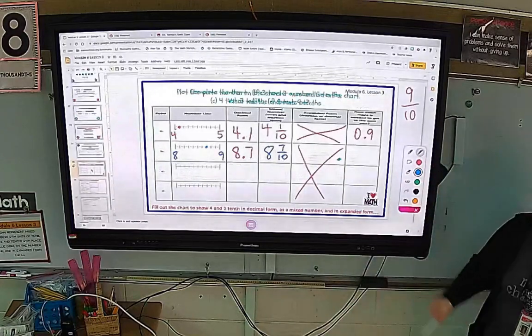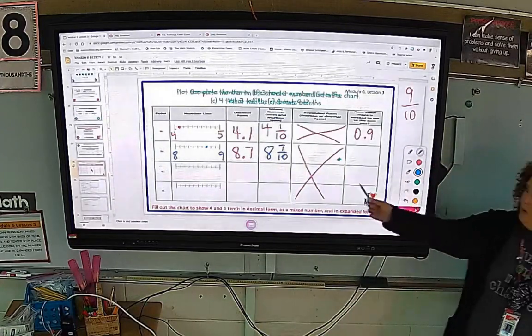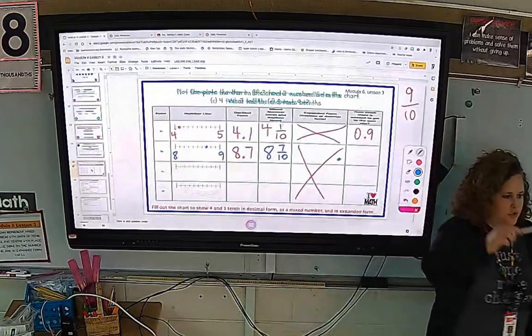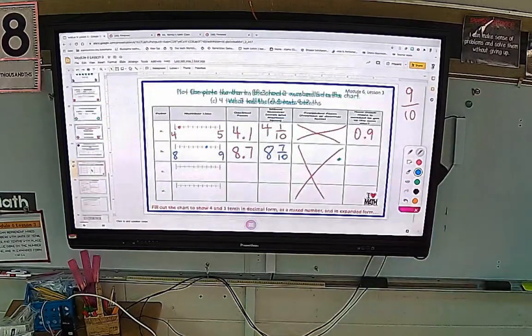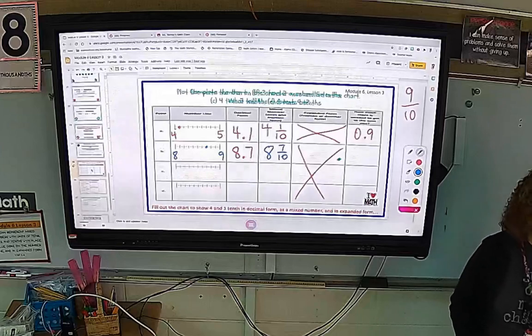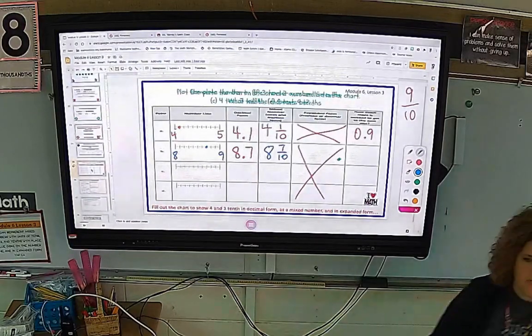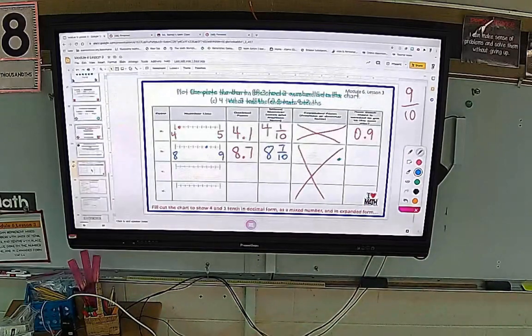Okay. Now, if you are at 8 and 7/10, how many more tenths do you need to go to get to the next whole number? 0.3. Because I know, and you know, 7 and 3 is equal to, everybody? 10. And we don't have to count that up anymore.